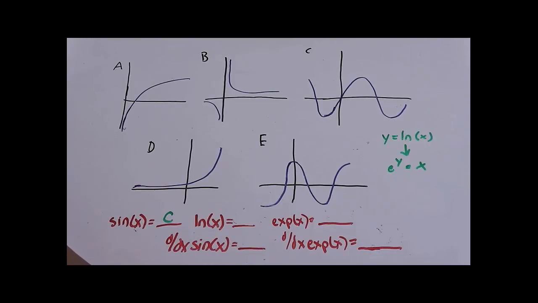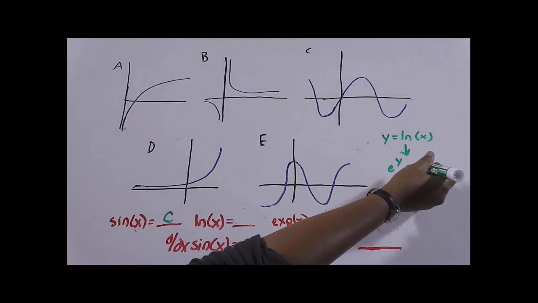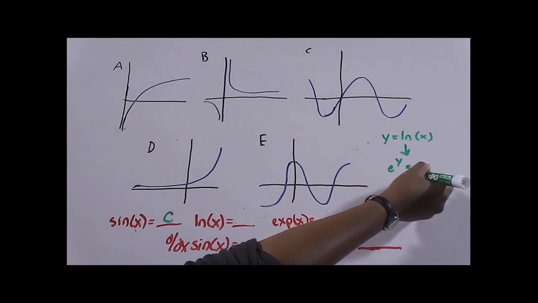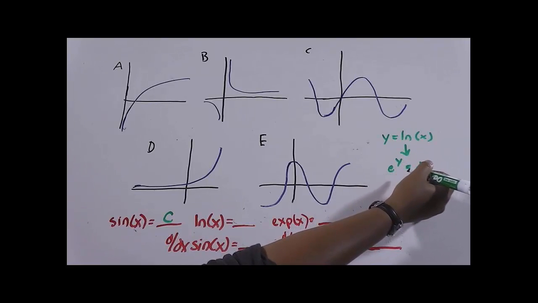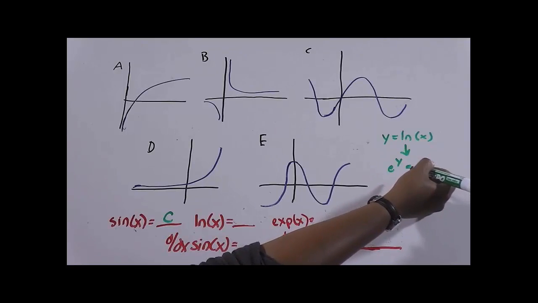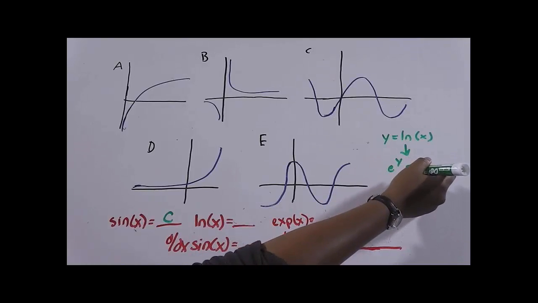So we know that x can never equal 0, because there's no y that can make e to the y equal 0, because you can never raise a number to an exponent of any number and get 0. So we know for sure that this graph will not ever be x equals 0.